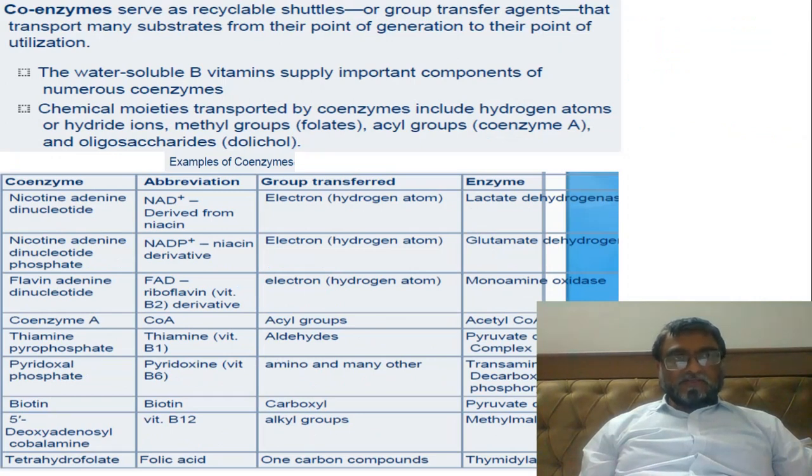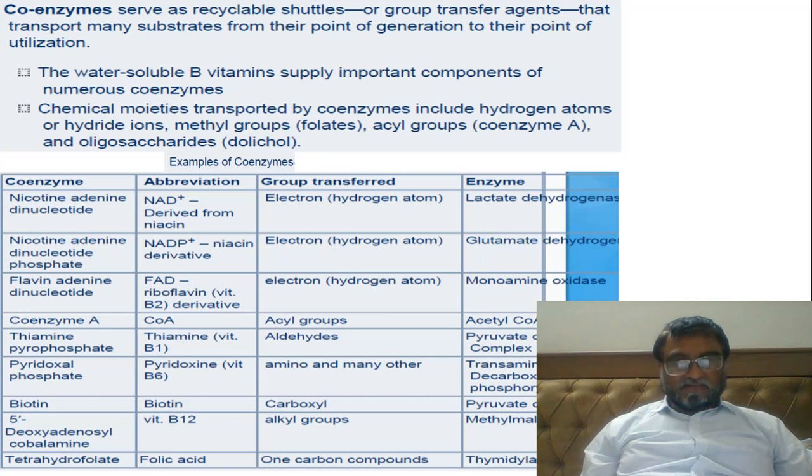When we talk about these coenzymes, mostly these are water-soluble B vitamins and their derivatives. For example, NAD, nicotinamide adenine dinucleotide, is associated with the lactate dehydrogenase enzyme. NAD also attaches with the glutamate dehydrogenase enzyme.